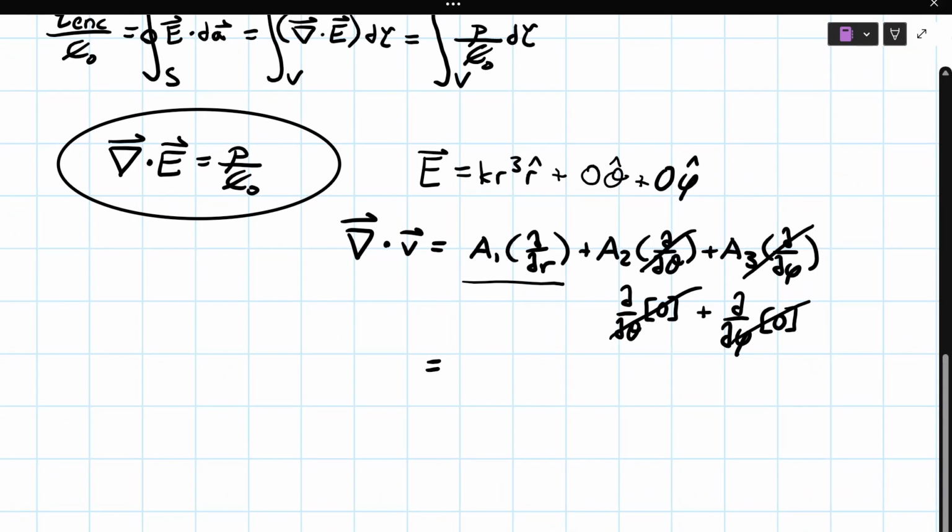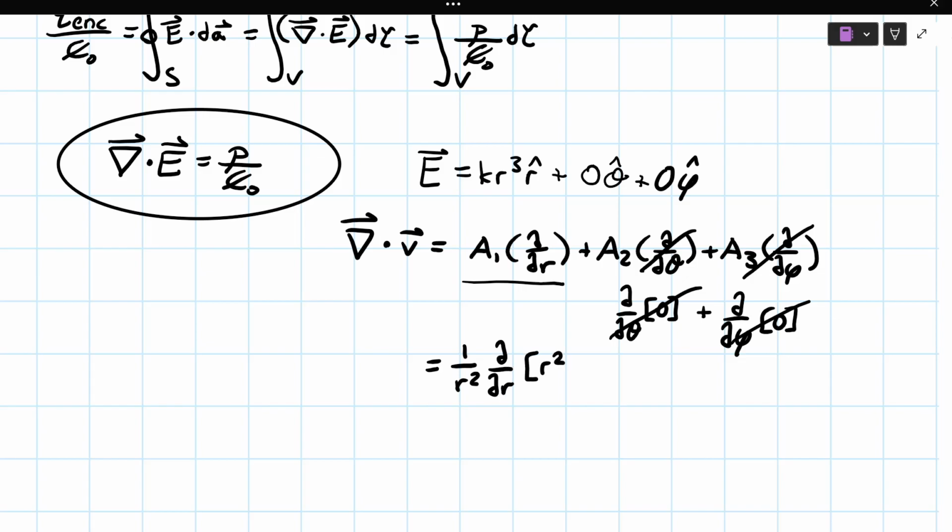So in this vector equation, we know that the first portion, and not the latter two, is going to be 1 over r squared times del del r acting on r squared times our V_r component.